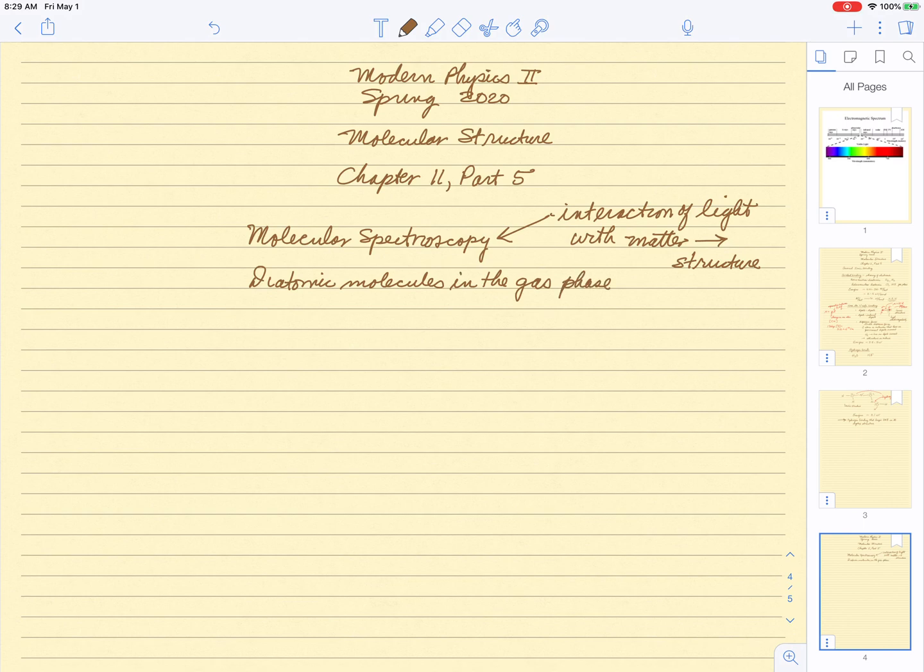Okay, so again, they might be homonuclear diatomics or heteronuclear diatomics, and so the general picture that's going to be pervasive here is basically two atoms bonded together. We'll call this one M1, call this one M2.